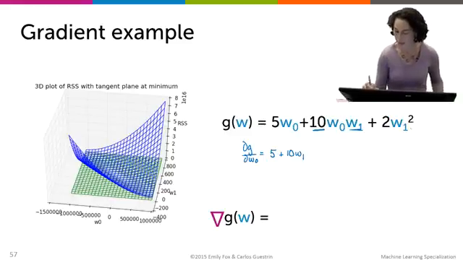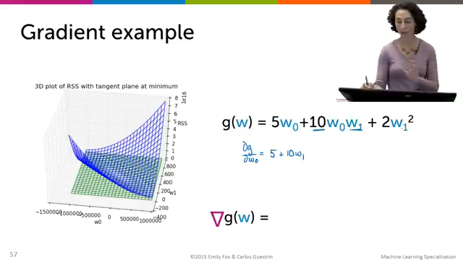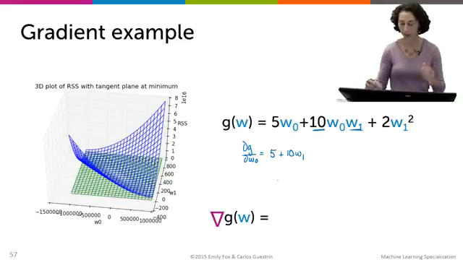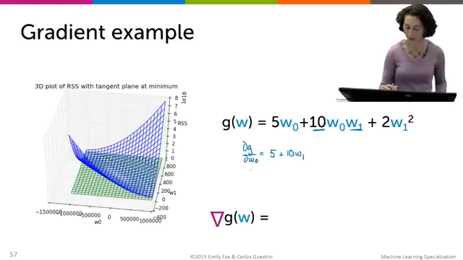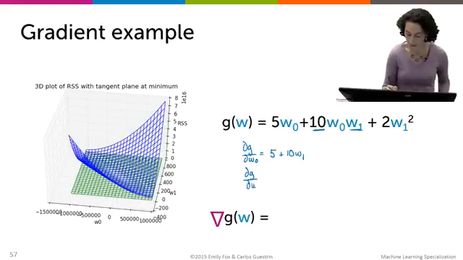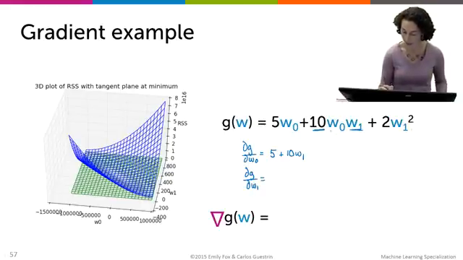And then I take the derivative of this last term. It has nothing to do with w0, it's just like a constant, so the result is going to be 0. Now I take the partial with respect to w1. This first term is just a constant with respect to w1, so it doesn't appear.